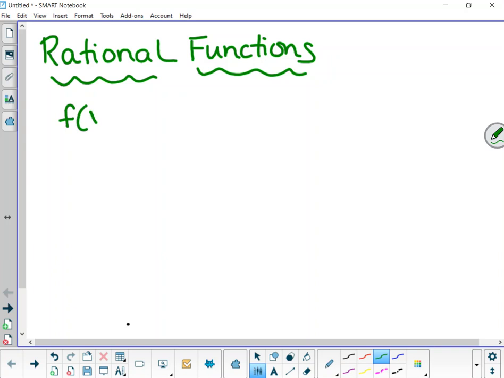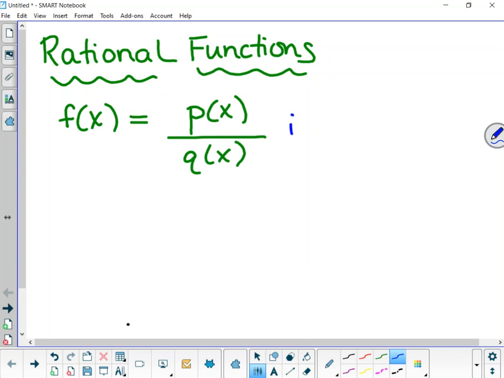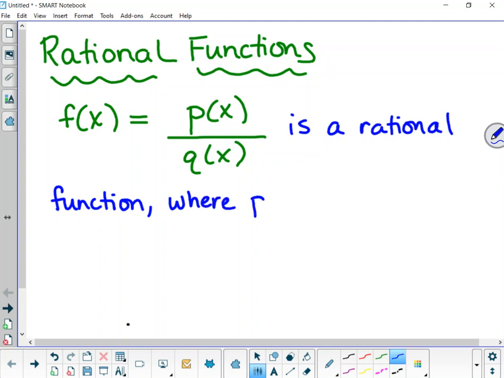A rational function is just a function that's the ratio of two other functions. So f of x equals p of x over q of x is a rational function, where p of x and q of x are polynomials.